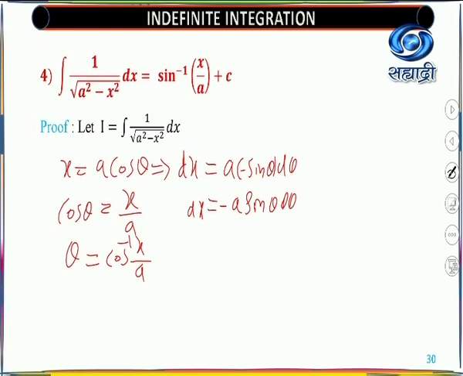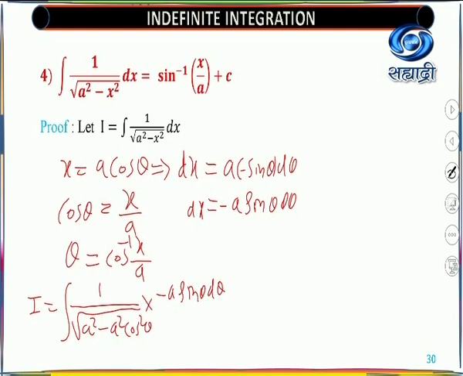So what will be your function? Your function becomes I equal to integral 1 upon root of a square minus a square cos square theta into minus a sine theta d theta. Here you will take a common.